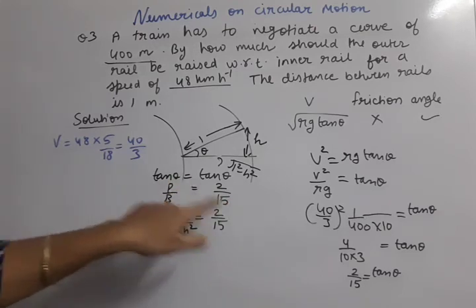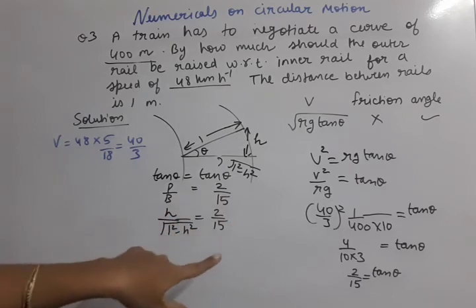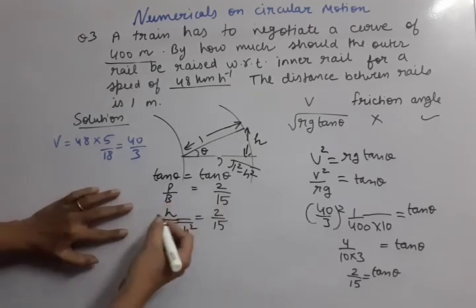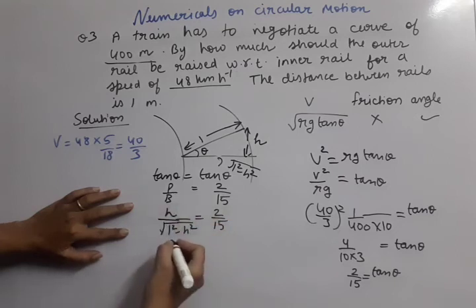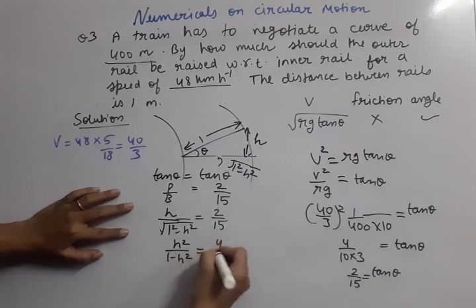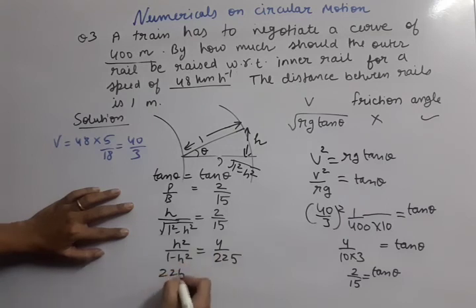Now overall we have to solve it and get the height. Because of the root, to remove the root, let us take a square everywhere. So h square equals 4 upon 225 times 1 minus h square. 2 twos are 4, 15 fifteens are 225. Do cross multiplication and shift h square here.